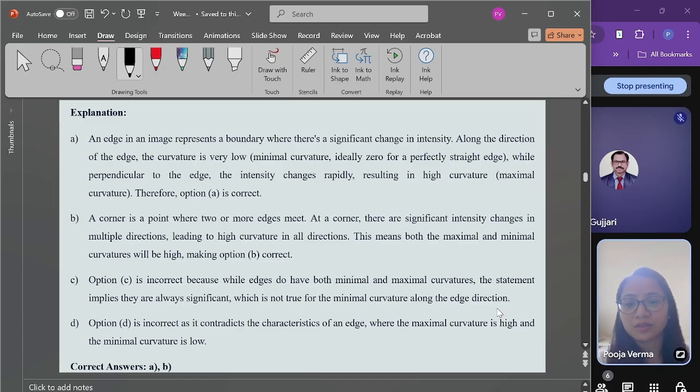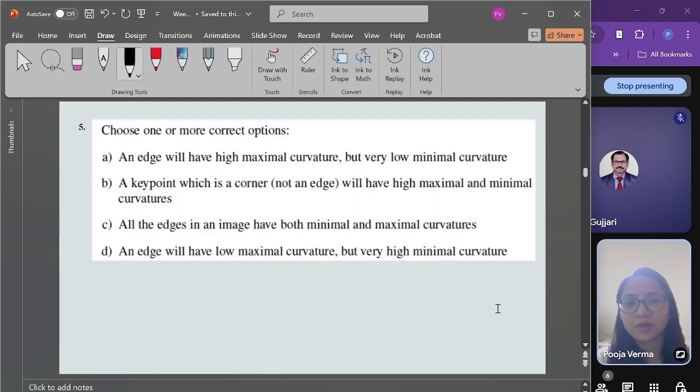So the correct answers are A and B: an edge will have high maximal curvature but very low minimal curvature, and a key point which is a corner, not an edge, will have high maximal and minimal curvature.